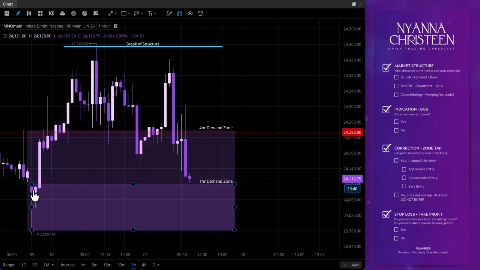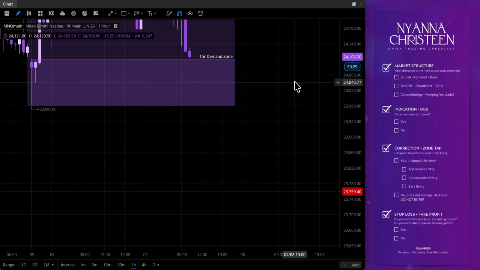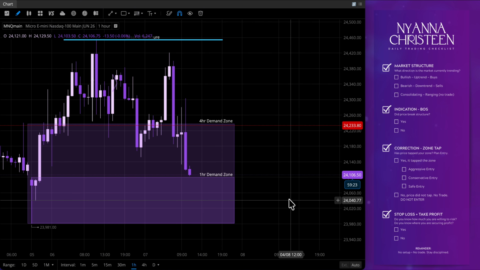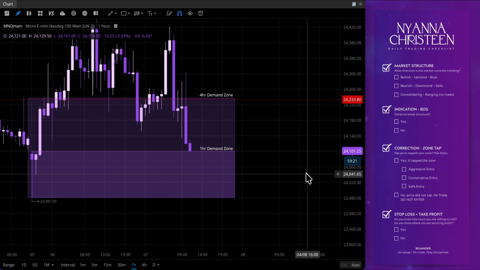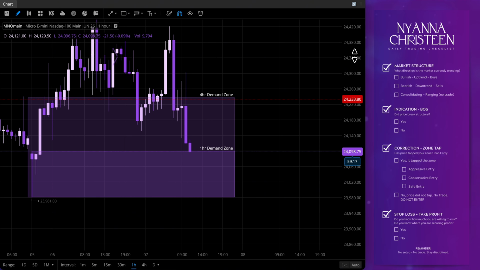But if it does and price is able to hold, we should be able to start getting momentum back up to the upside. If not, and it invalidates, we're most likely going to be doing sells, and that's not the plan I had. So this will probably just be a no trade day. So let's see.